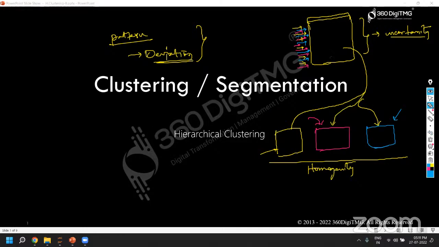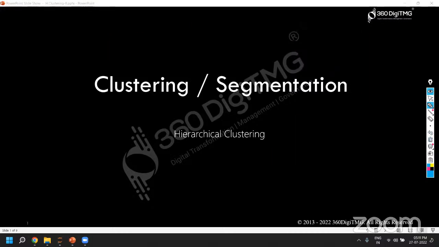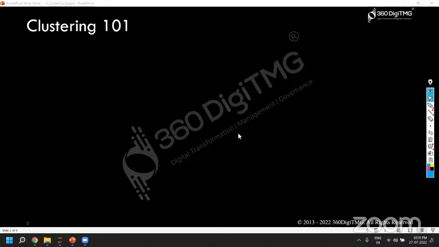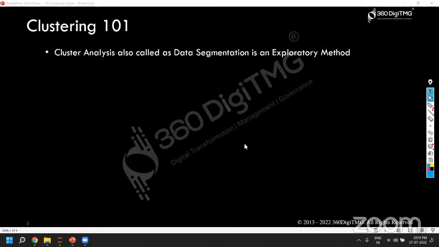So clustering is basically trying to segregate the data based on their similarities. And when we talk about clustering, it is implemented using distance logic.